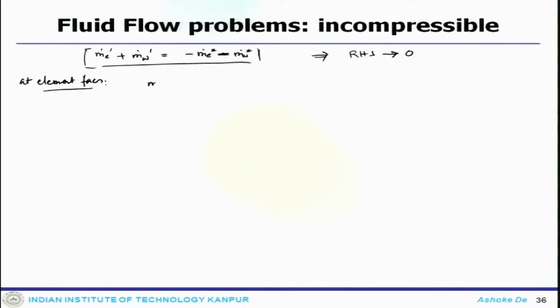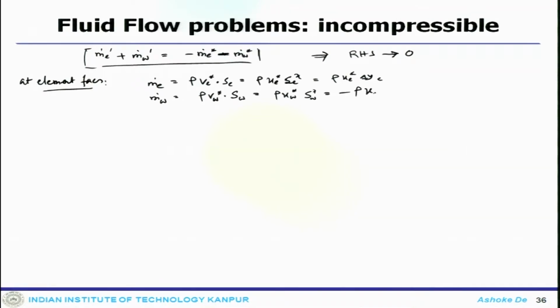The mass flow rate and the mass flow rate corrections at element faces: m dot E is rho V star dot AC, which is rho u star ACX, which is rho u star delta Y E. And m dot W is rho VW star dot SW, which is rho uW star SXW, minus rho uW star delta YW.